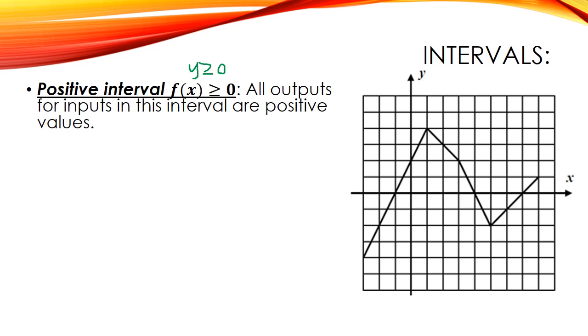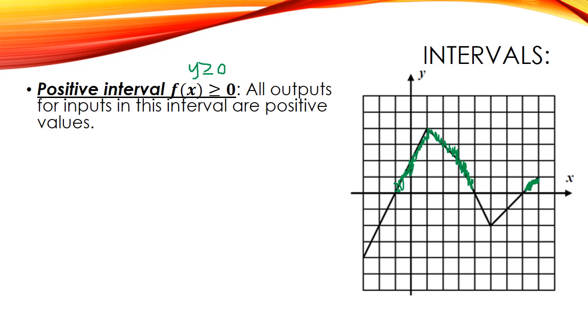So if we look at the graph, we'll find out that this part of the graph includes positive y values. All these points have positive y values. And this piece right here at the end is also a piece that has positive y values.